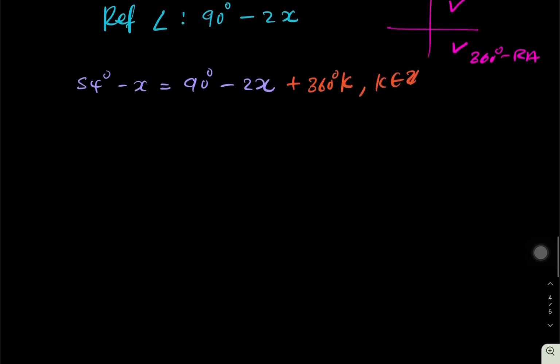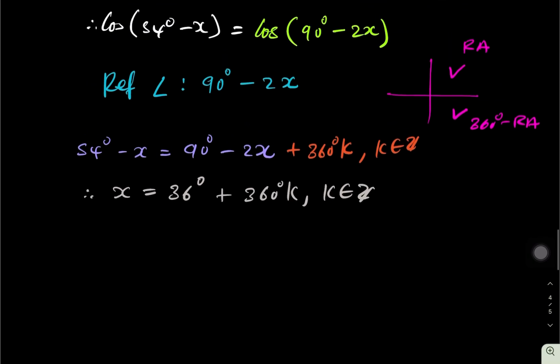You want to solve for x. I'm going to transpose 2x to this side, so I get minus x plus 2x. It gives me x equals 90 degrees take away 54, which gives 36 degrees, plus 360 degrees k, where k is an element of integers. So this is the first solution that you are going to have.